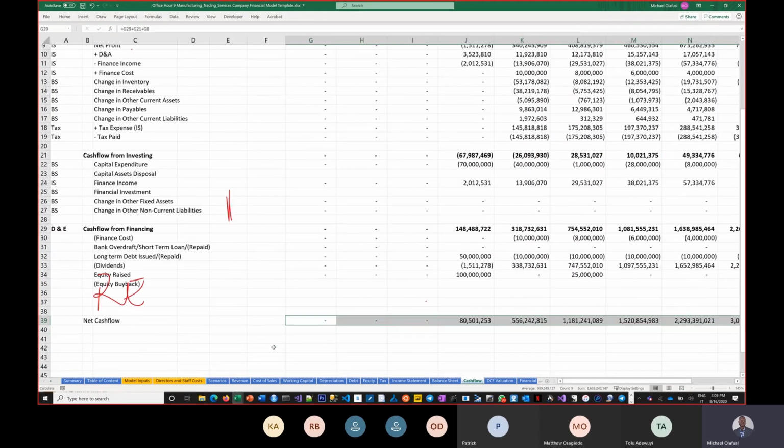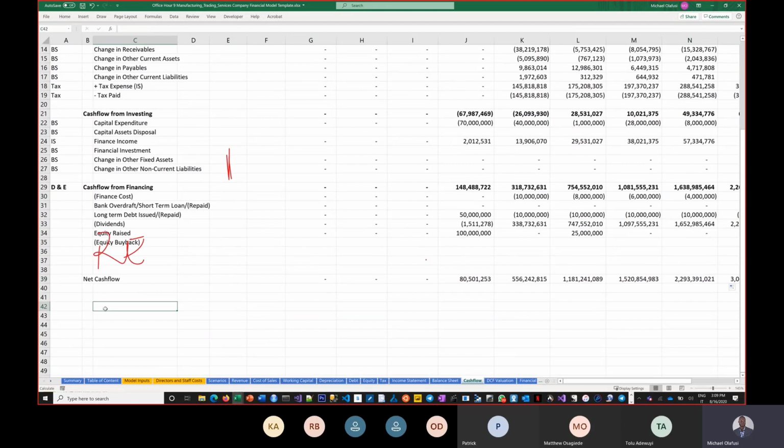Okay, and then you can do your check if what you've done is correct or wrong. To do the check, what is the opening cash from the balance sheet and closing cash again from the balance sheet, and then what's the change? Is that change the same as our own?